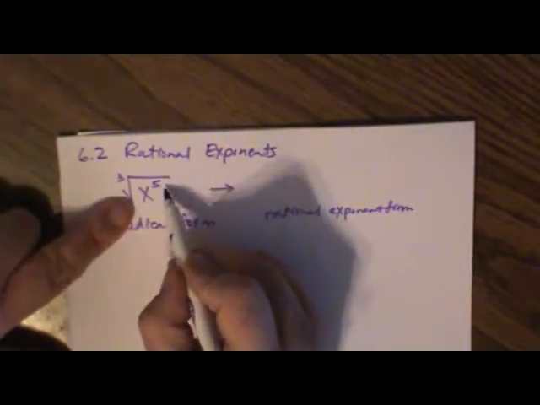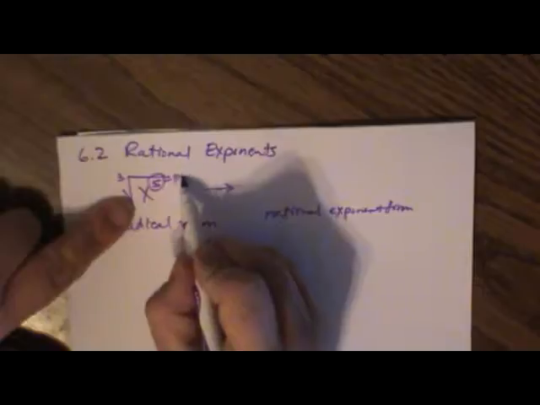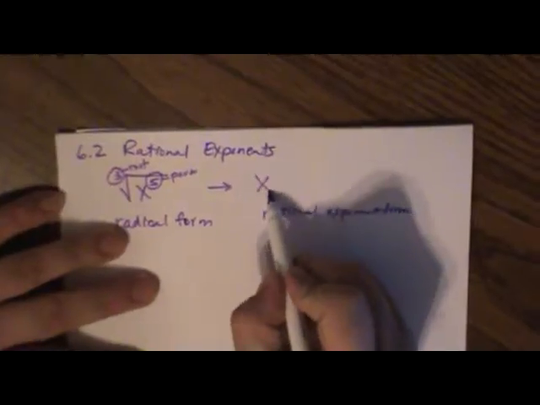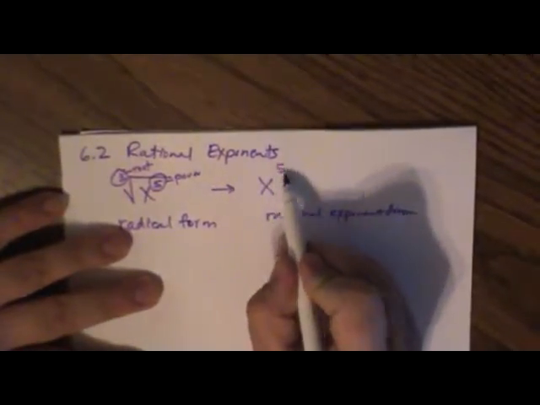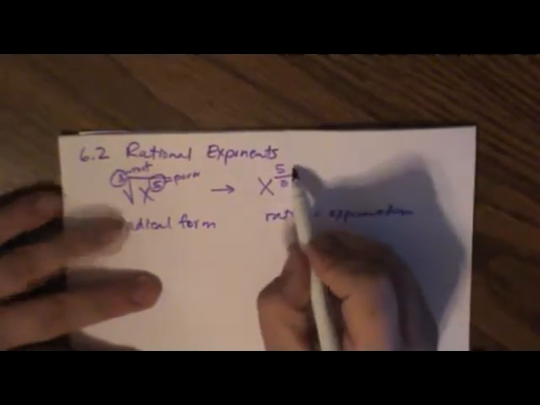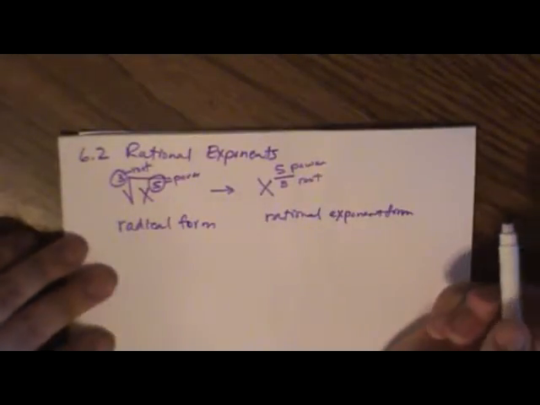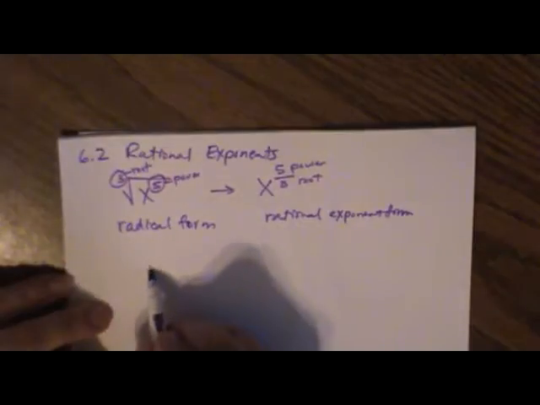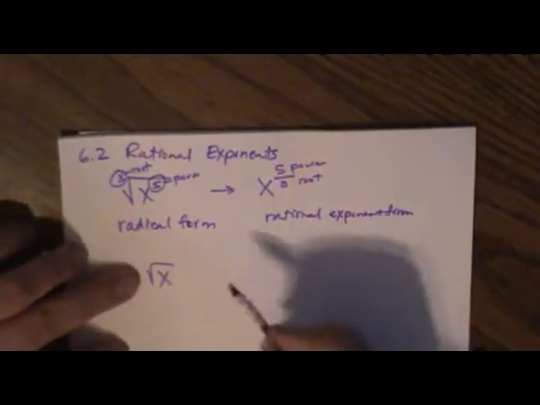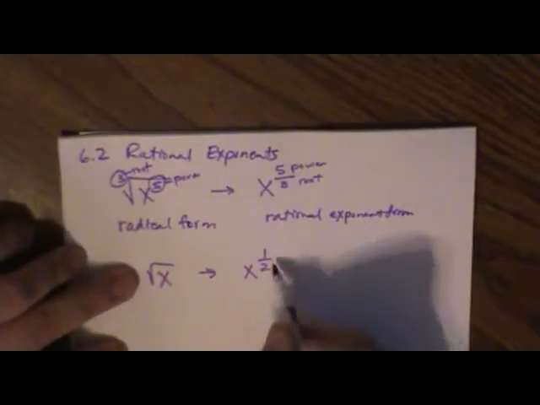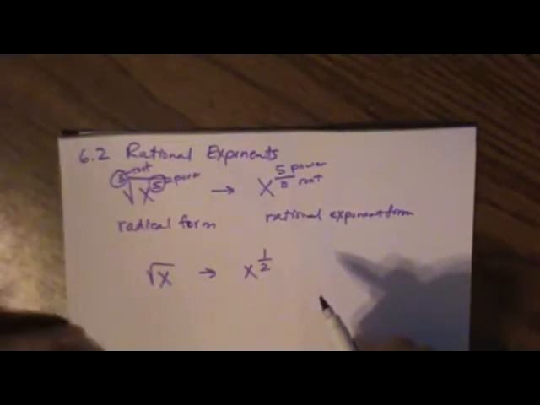This here is the power, and this is the root. When you rewrite it, the power goes on top and the root goes on bottom. So the square root of x can be written as x to the 1/2 power. They both mean the same.